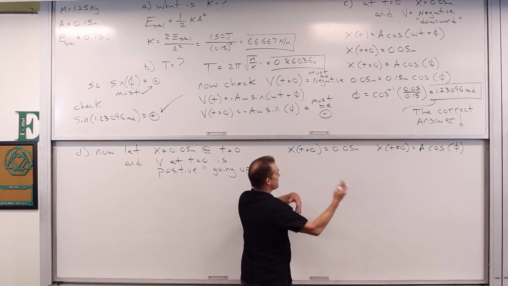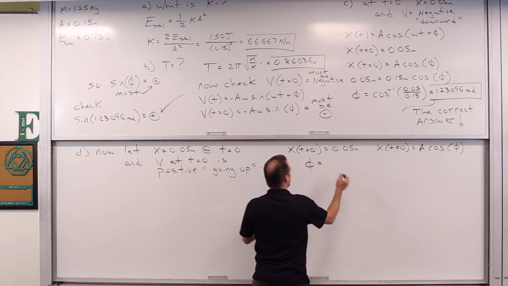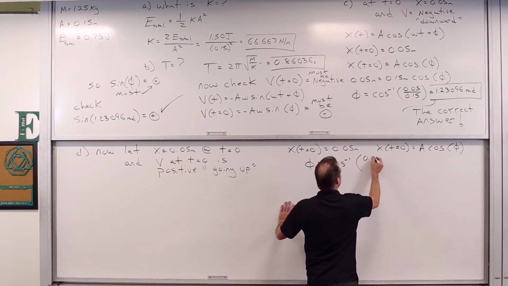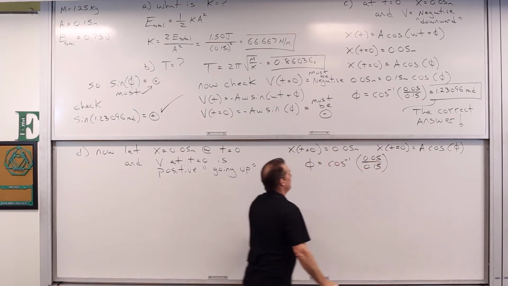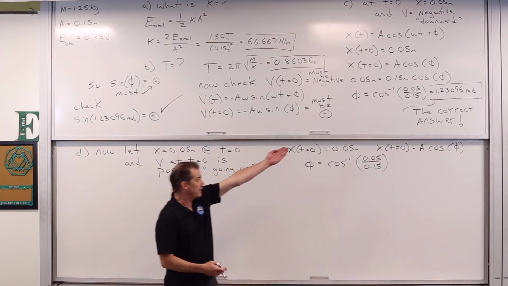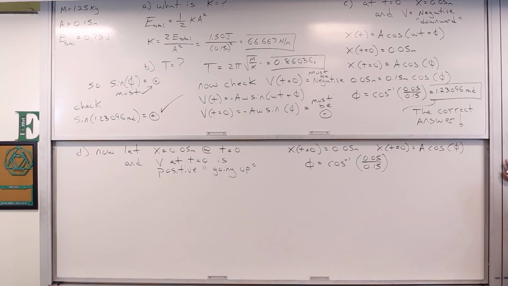And well, we know what A is, 0.15, and what do we get out of this? We've got ourselves that phi is equal to the arc cosine of 0.05 divided by 0.15. You stick that in your calculator, and what do you get? You get this answer right there, 1.23096.